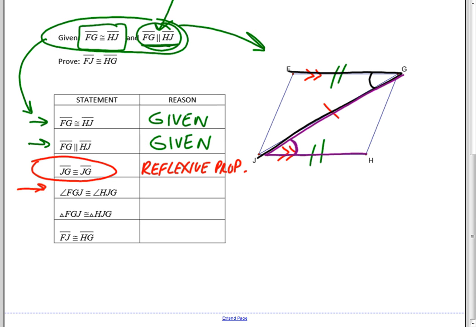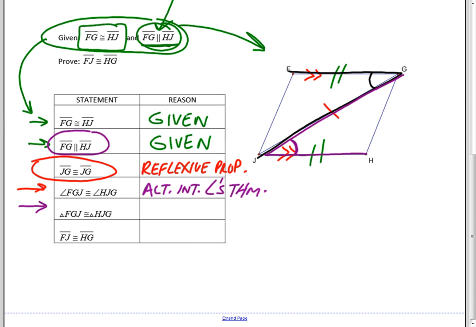Z shape, but you don't want to write down the Z shape. Alternate interior angles. We're going to be more specific now with our reasons. That's a theorem. Just like vertical angles is a theorem. You can't do that unless someplace previous we are saying that something is parallel. They've got to be parallel in order for the alternate interior angles to be equal. And we've got that.